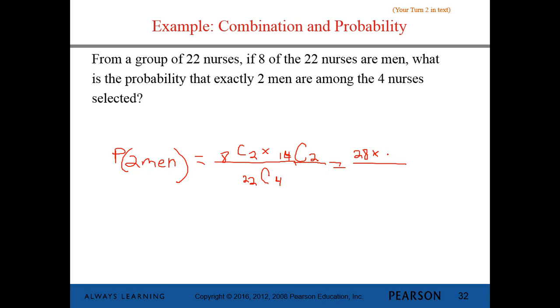Then 14 choose 2 is 91. And now 22 choose 4 is 7,315.